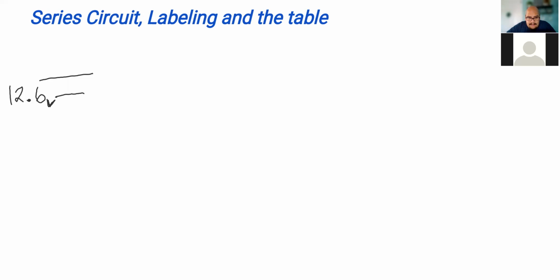The longer line at the top represents where the positive terminal is. The shorter line represents where the negative terminal is in the battery. And we are using 12.6 because that is a good, healthy car battery.